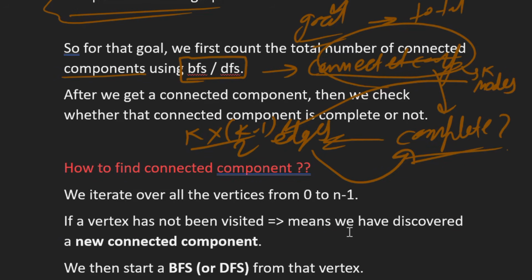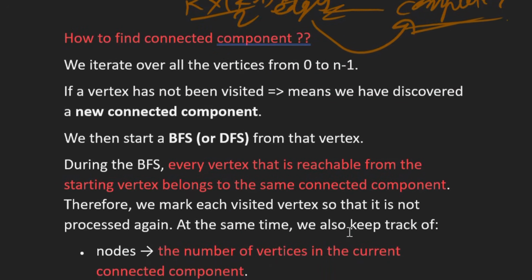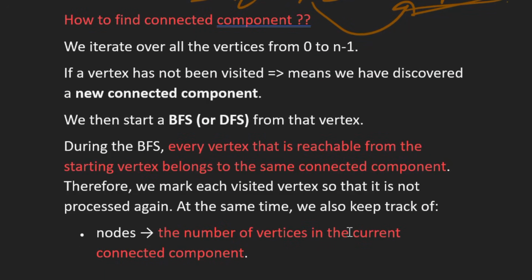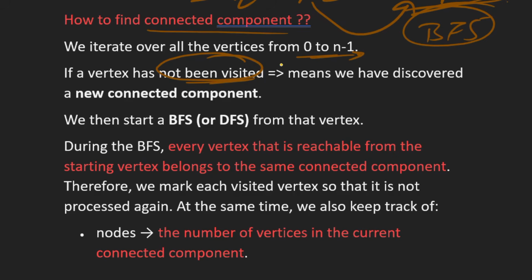So first let's see how we'll find the connected components in a graph. Here we'll be using BFS to find the connected components. First of all, we'll start iterating from vertex 0 to n minus 1, and then we check if the vertex has not been marked as visited, that means we have found a new connected component.